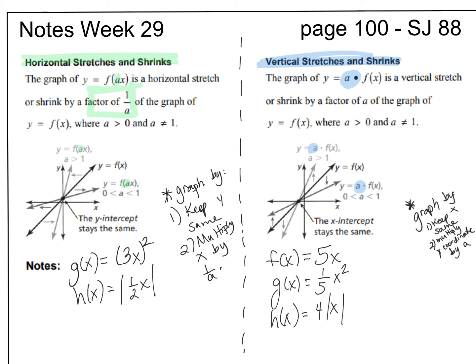And if you look at this here, A is greater than 1, and you can see I'm circling that with my pointer. You may want to write that this is a horizontal stretch. So draw an arrow and write horizontal stretch. When A is greater than 1, it's a horizontal stretch. And when A is between 0 and 1, that's a horizontal shrink.